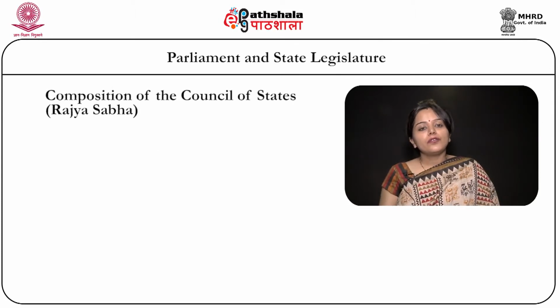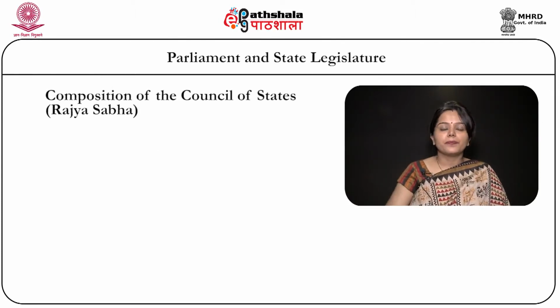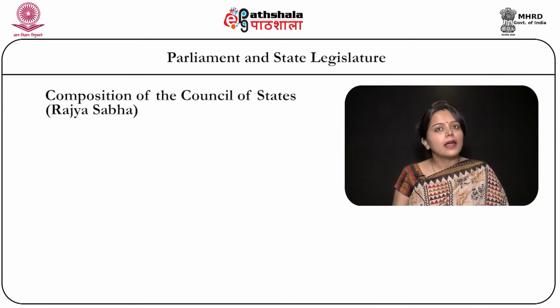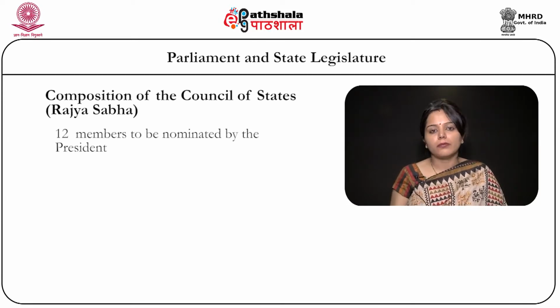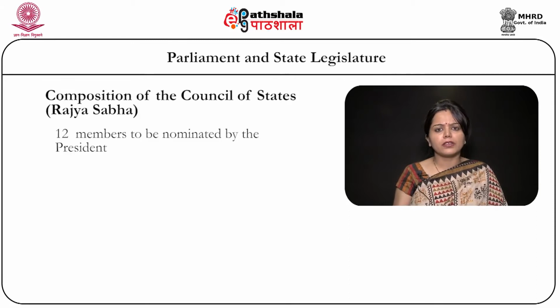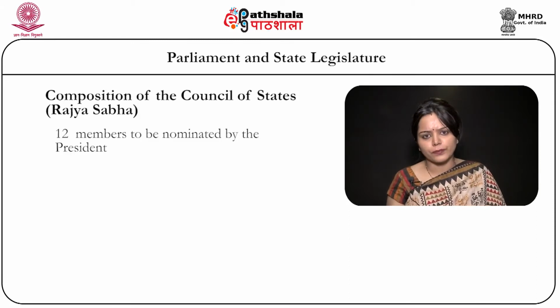In the Council of States, firstly, the President will nominate a maximum of 12 members to the Rajya Sabha, who have their own specialization.